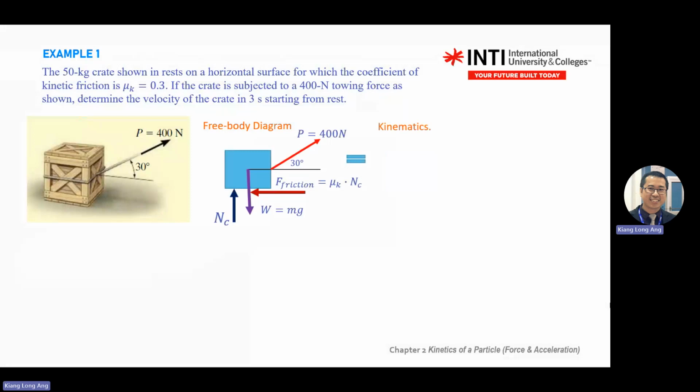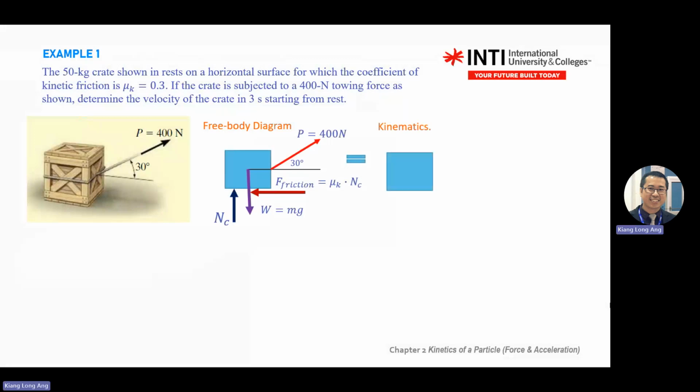Gravity, which contributes W. These four are the usual members for the left-hand side diagram. Remember, this is the important one. If you miss one, then in your calculation later, either your value is wrong, or you will be stuck. Where is my friction, or how do I find friction?